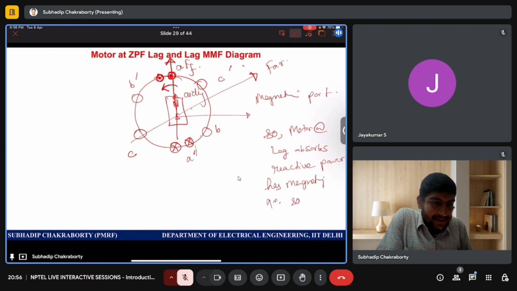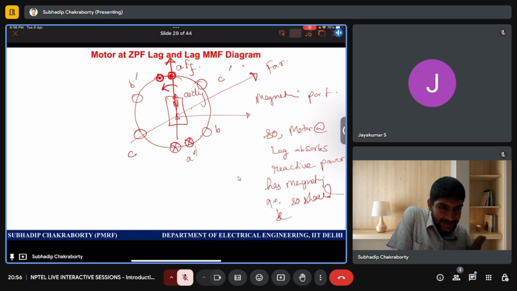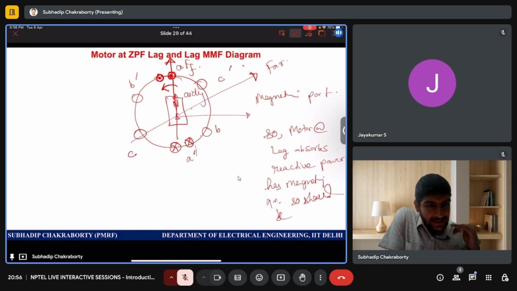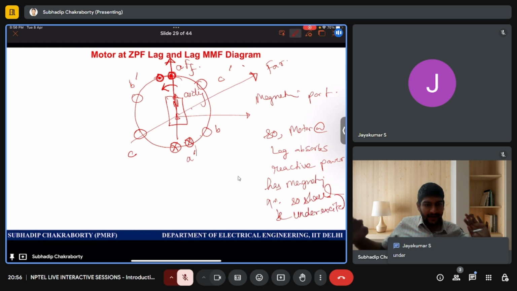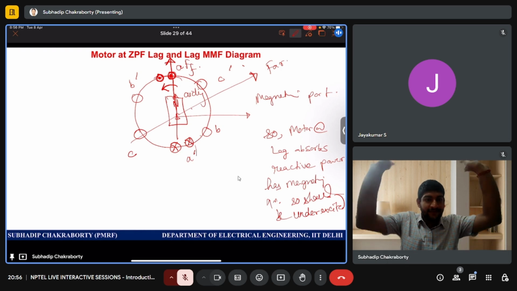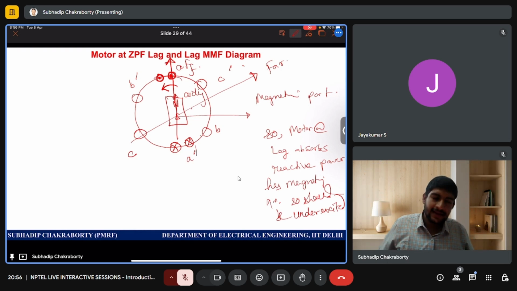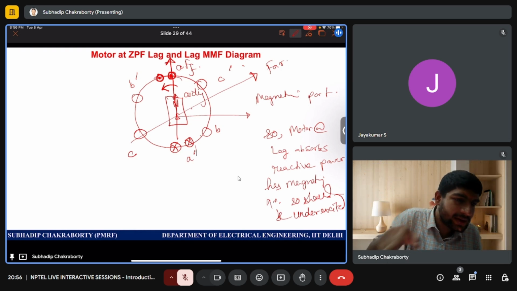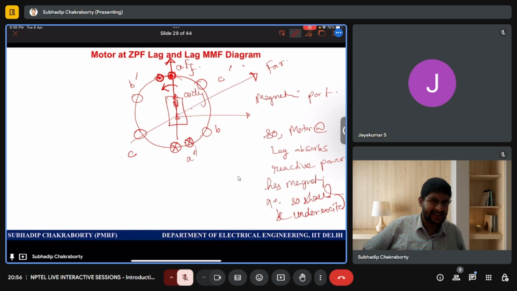So it already is receiving the excitation from the power generator. So should it be underexcited or overexcited? Already receiving more excitation, so it should itself be underexcited. This is how we analyze. If the net MMF is lifted up, then its own excitation should be reduced. That is what we call underexcited.